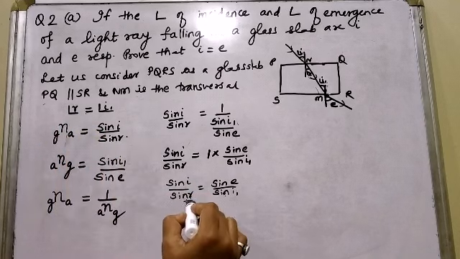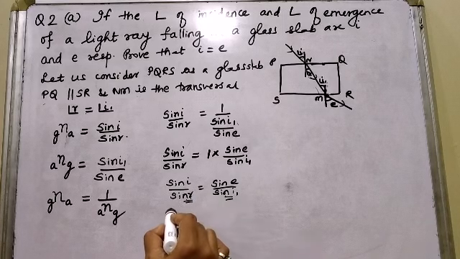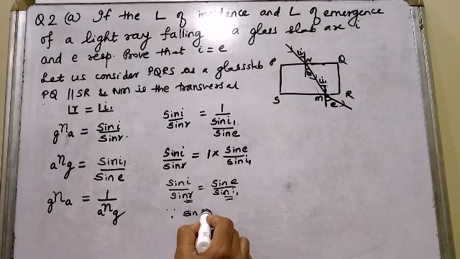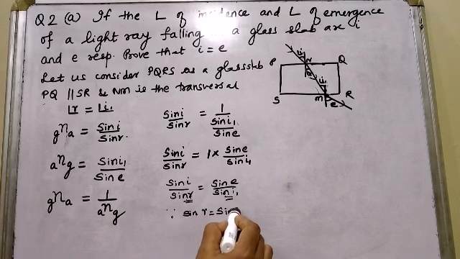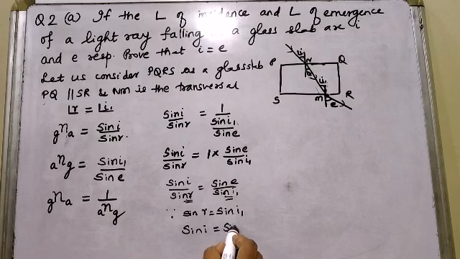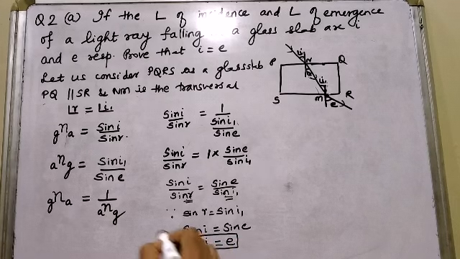Since the denominators are equal, the numerators will also be equal. Sin I will be equal to sin E. That is, I will be equal to E. That is, angle of incidence is equal to angle of emergence.